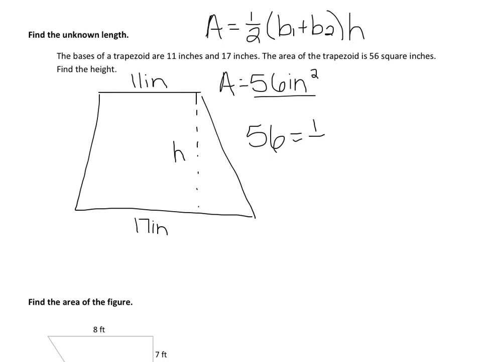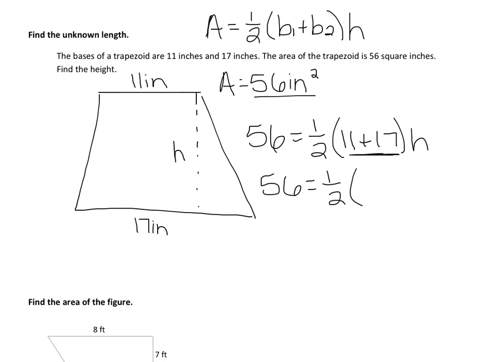Equals 1/2. We're going to open a set of parentheses. Well, look, base 1, base 2, I know what those are also. I know that one base is 11 inches, and one base is 17 inches. Now, the one thing that I don't know is the height. If you're looking for an unknown length, most of the time you're going to have to set up an equation. Whenever you're asked to solve a problem like this, if you can simplify, go ahead and do that.